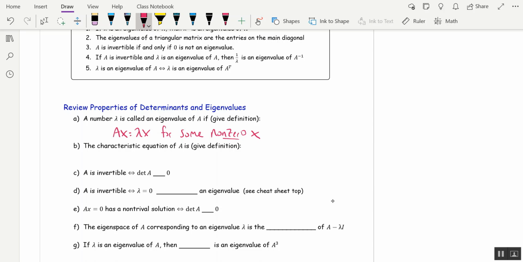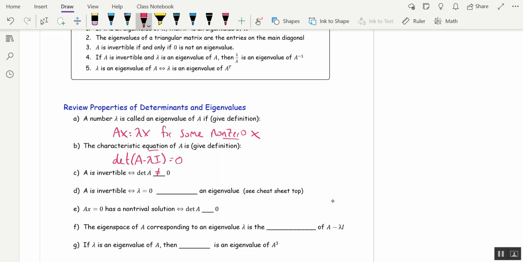Characteristic equation of A, give the definition. I mentioned this last time. The characteristic equation, which we'll work with today, is the determinant of A minus lambda I equals 0. The equals 0 is really important. It's an equation. A is invertible if and only if determinant A is not equal to 0. That's from the IMT.